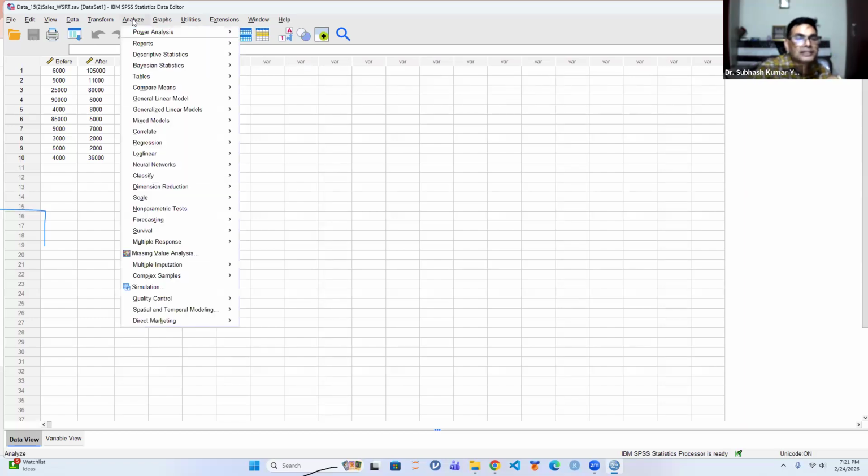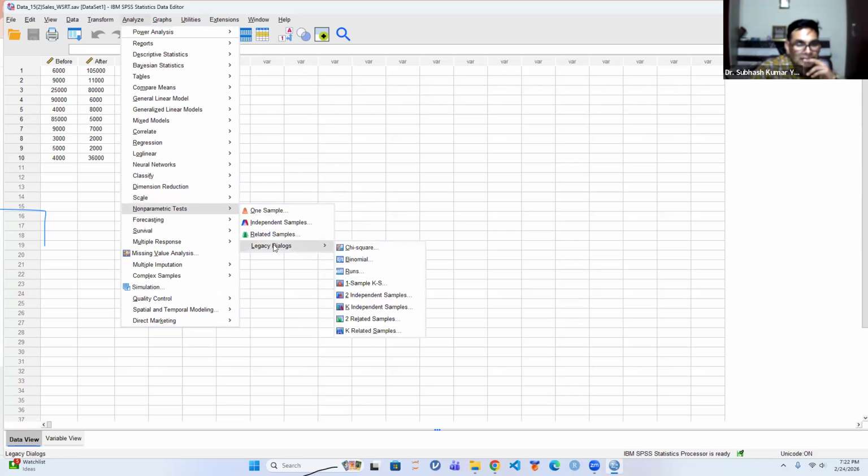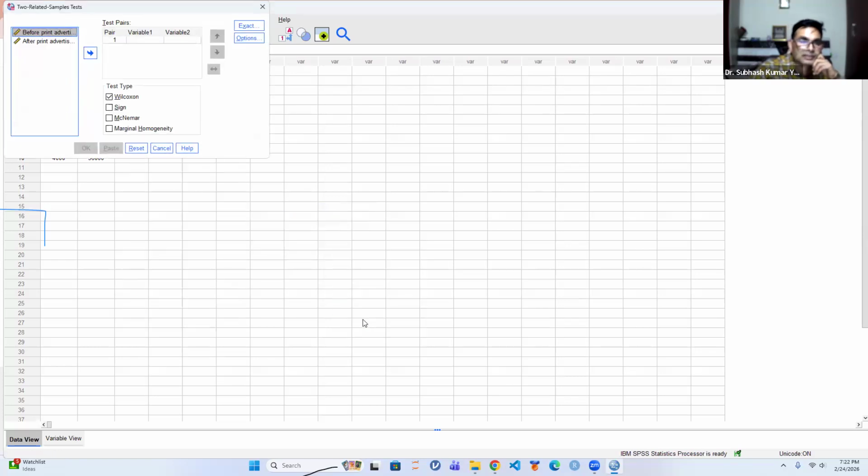Go to Analyze, and there you go for the Nonparametric Tests, and then go for the Legacy Dialogs, and then go for the Two Related Samples.